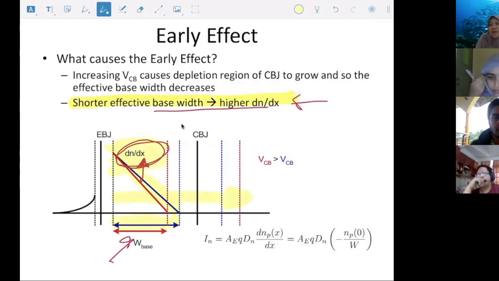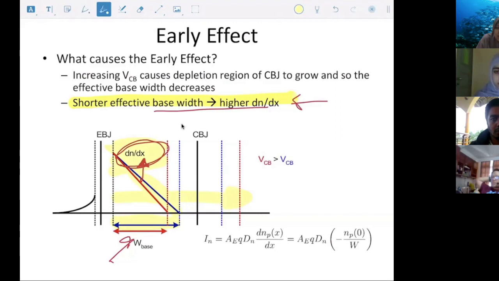So what current mechanism is affected by dN/dx? Diffusion. Yes. The current mechanism affected by the concentration gradient is diffusion current. If there is a higher value of the gradient, it means more diffusion current.